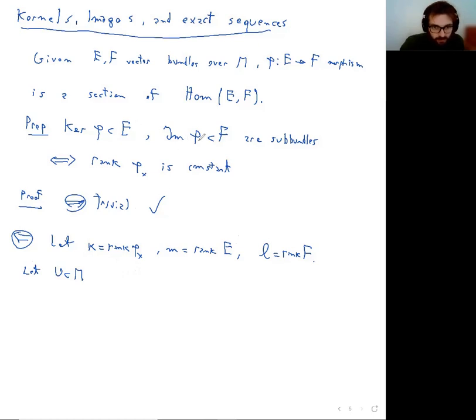To prove something is a subbundle, we need to find a local trivialization. Actually, even before a local trivialization, we have to prove that it's a manifold. So take a trivializing open set U for E and F. In this trivialization, you can think of phi as a map from U times R^m to U times R^l.